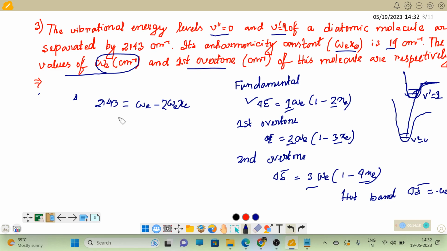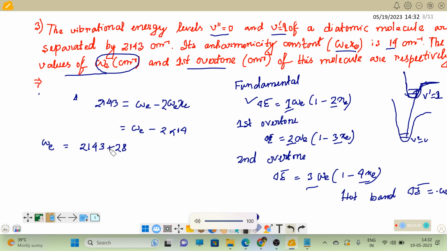So here it is given, so we can put the values. Omega E xe is 14, so omega E minus 2 into 14, so omega E equals 2143 plus 28. Yes or not?